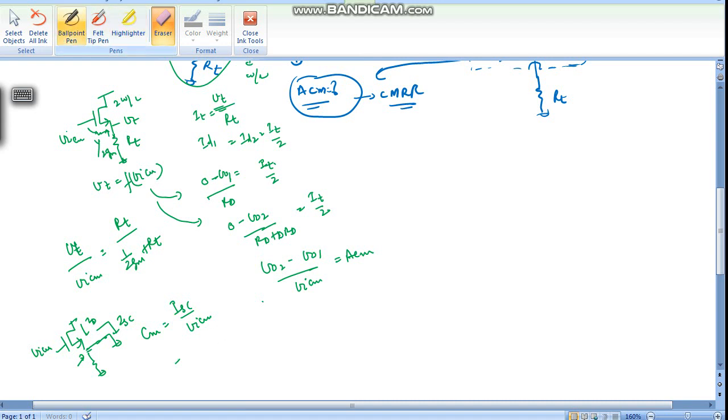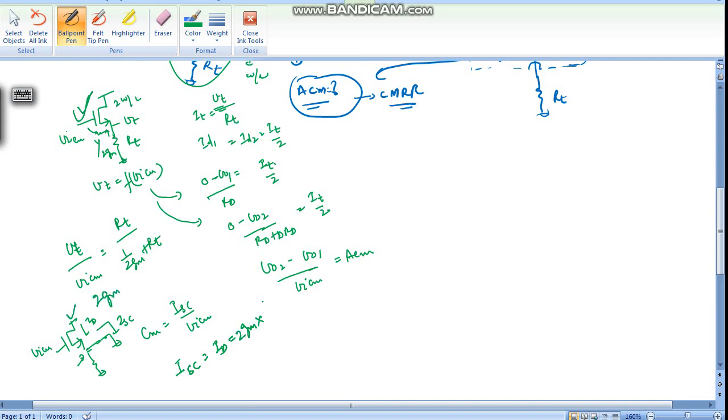So we need to find this GM, which is ISC upon VICM. ISC equals ID. From here we can apply KCL, and ID equals GM. For this device, this is the same device, so GM is 2 GM.